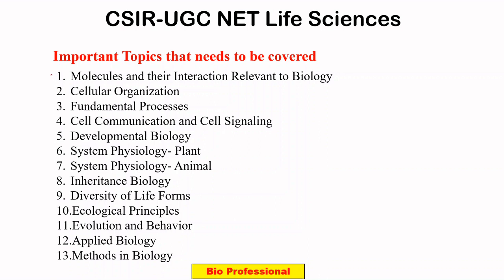So there are a total of 13 units in this syllabus. In this video, I'll discuss up to this animal physiology part, and in the next lecture, I will discuss the rest.